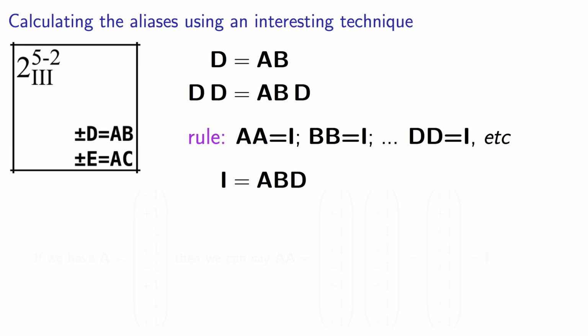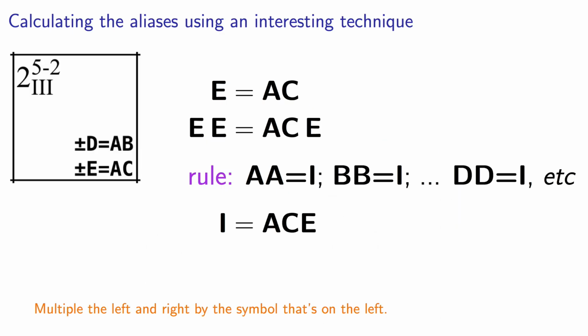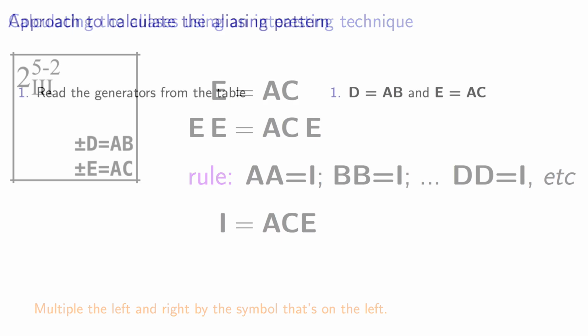Okay, so we've taken our generator and slightly transformed it so that it has an identity, I, on the left, and the rest of the generator on the right. That's right, you should have found a generator of EE, which equals I, which equals ACE. It is just another way of expressing that generator.